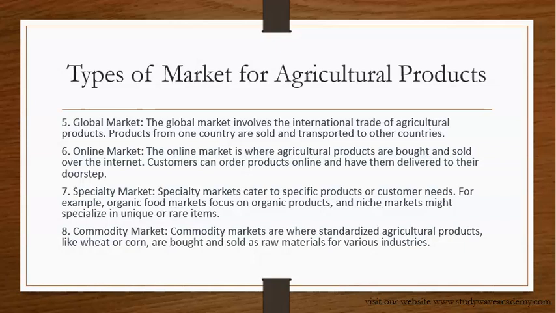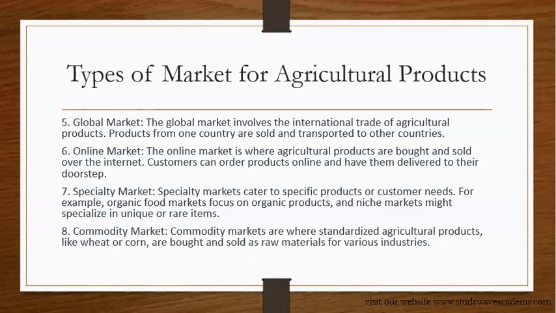Specialty markets cater to specific products or consumer needs. For example, organic food markets focus on organic products, and niche markets might specialize in unique or rare items.